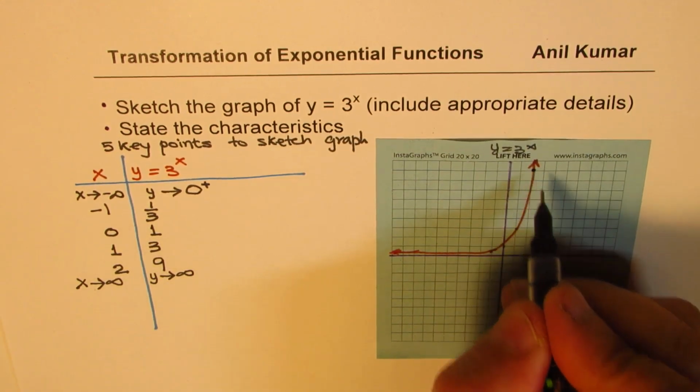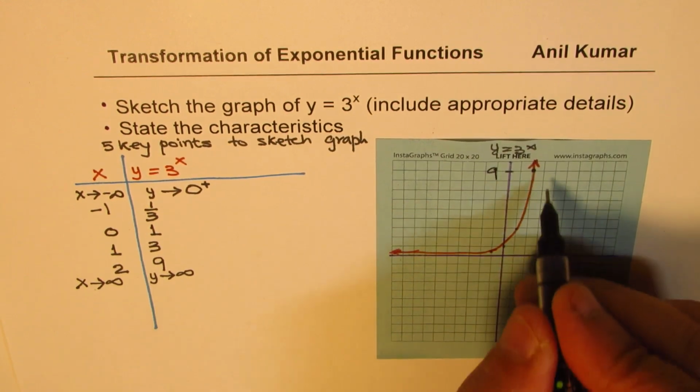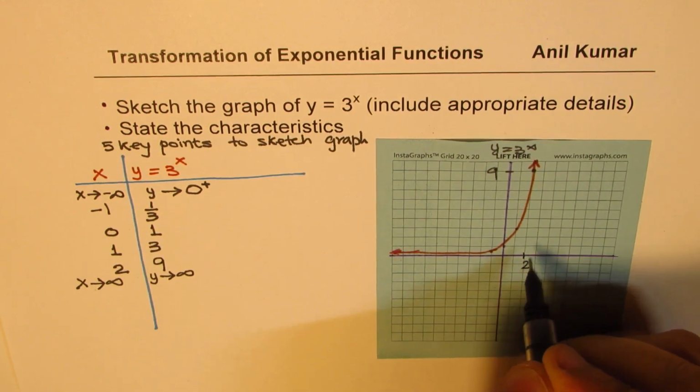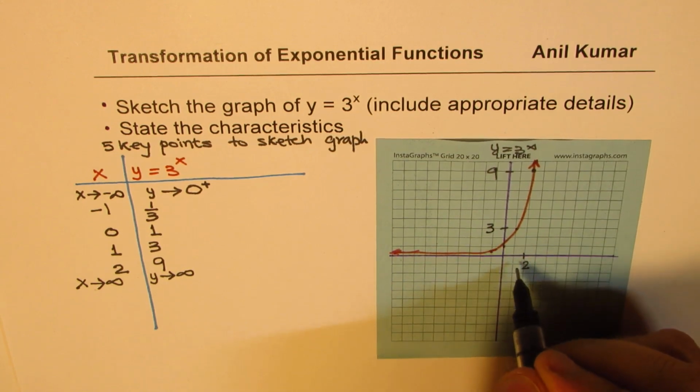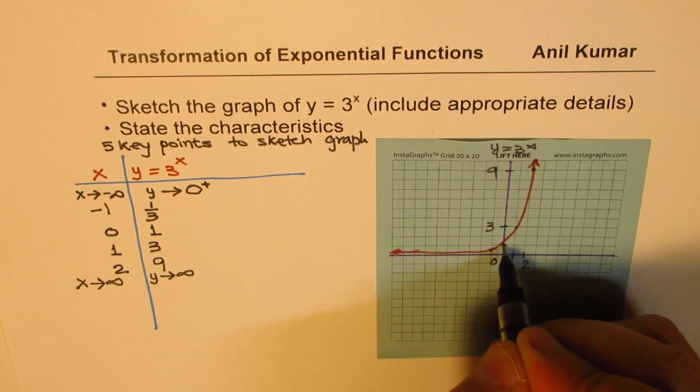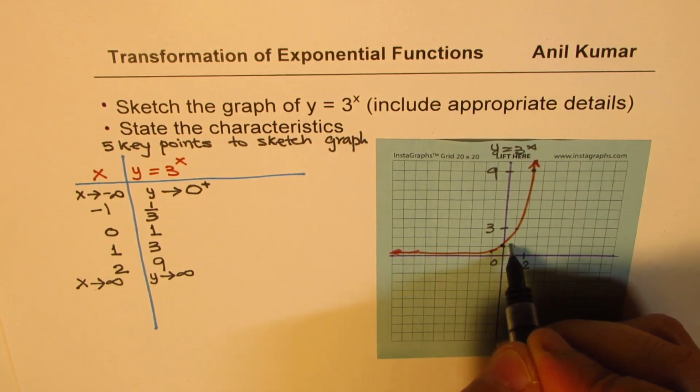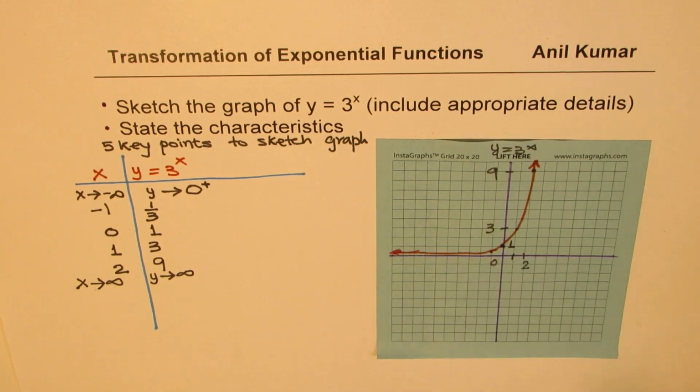The critical points are: this is at 9 when x is at 2, and this is at 3 when x is at 1. At 0, all the exponential functions will cross the y-axis at 1. So that becomes the graph of the function with all the critical points as mentioned.